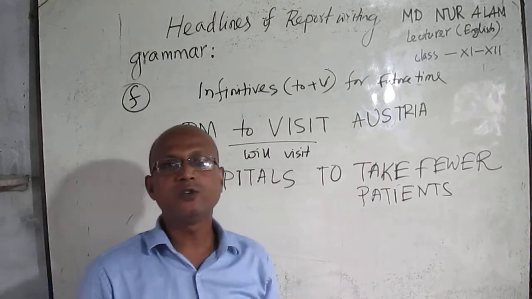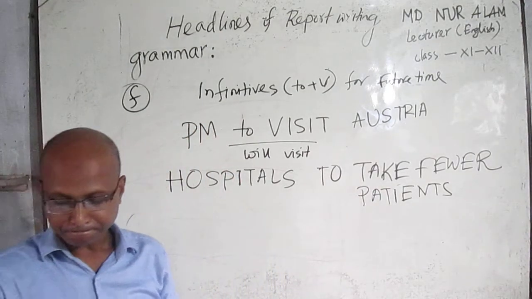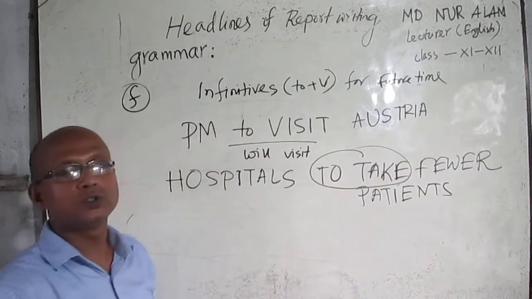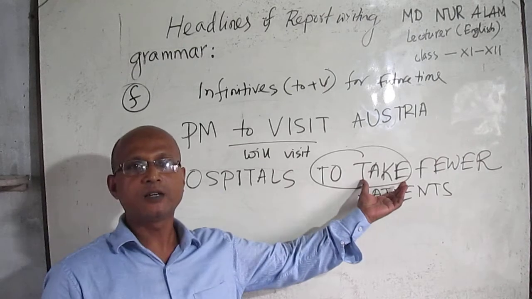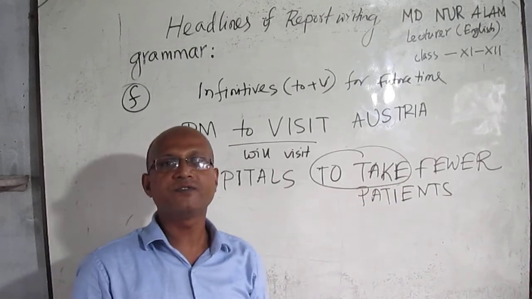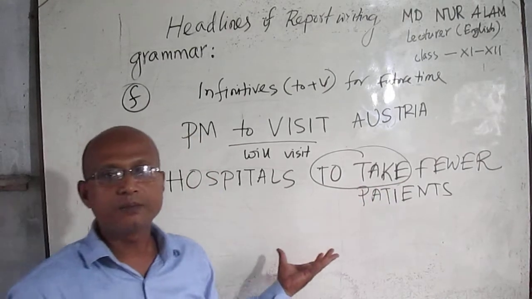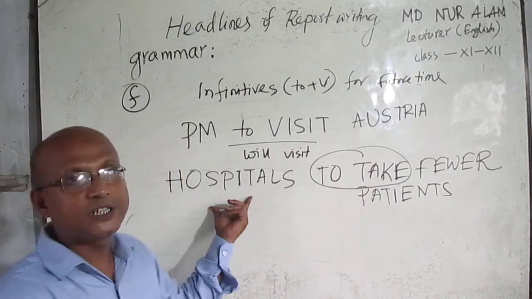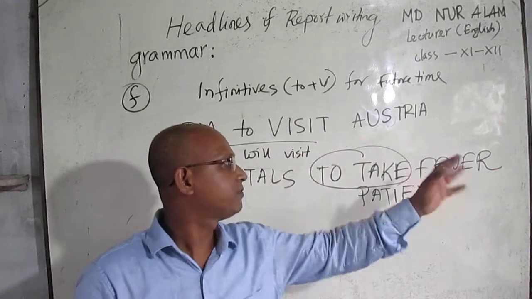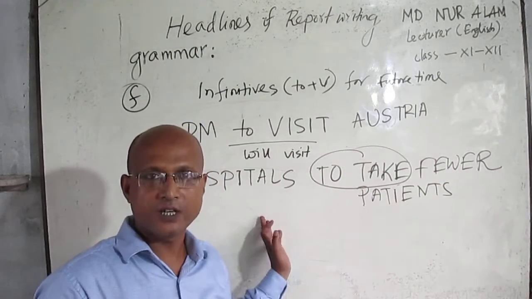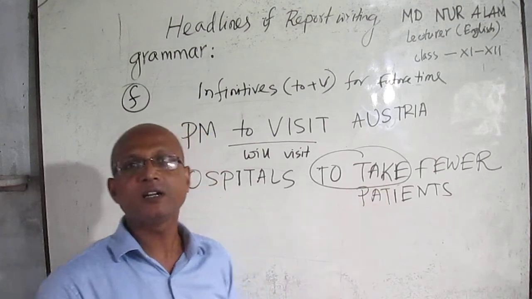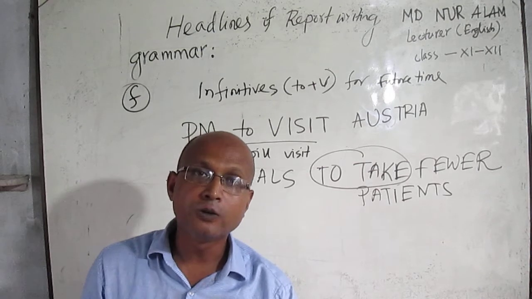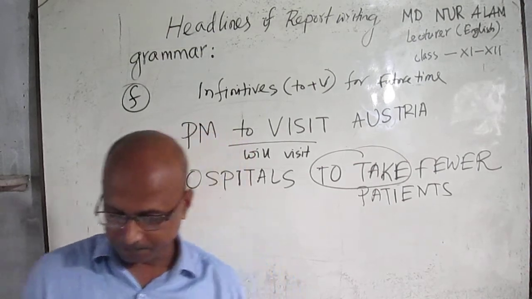Hospitals to take fewer patients. You see, to take. Take is the verb and to take is the example of an infinitive. So what is the meaning of this kind of headline? This means hospitals will take fewer patients. Hospitals will admit fewer patients. Am I clear? Okay, then let's go for another example.